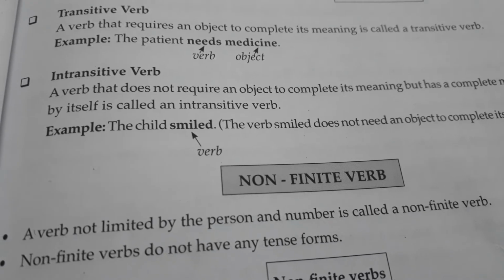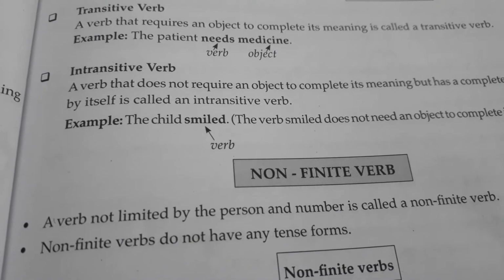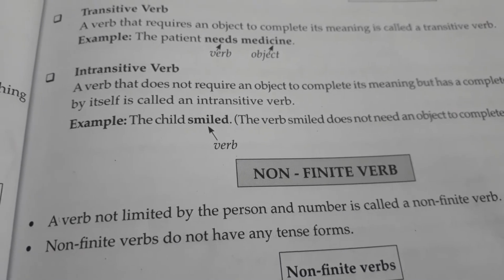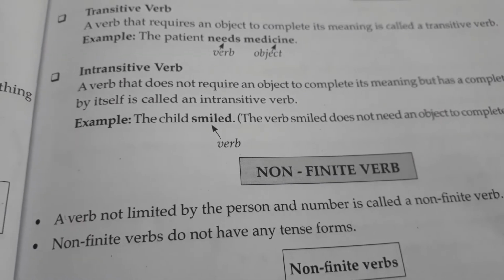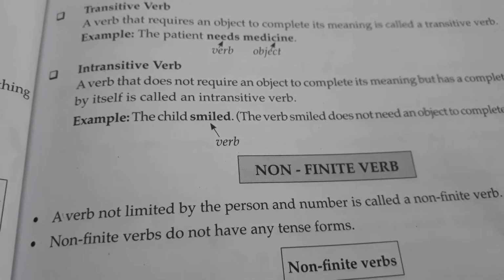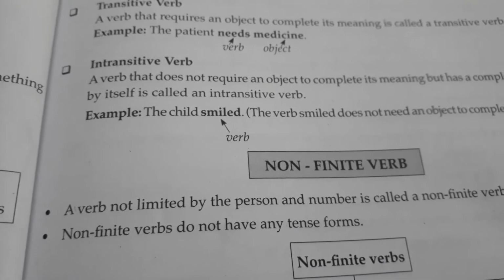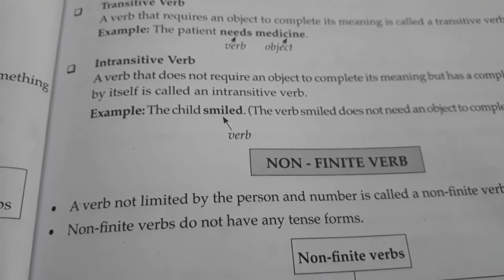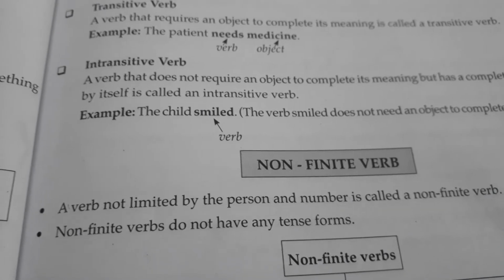Here the patient is my subject. Needs is an action, so it becomes my verb, and medicine is the object. So the question is, what does the patient need? Medicine. So here needs is my transitive verb.